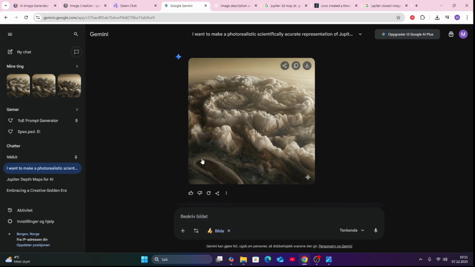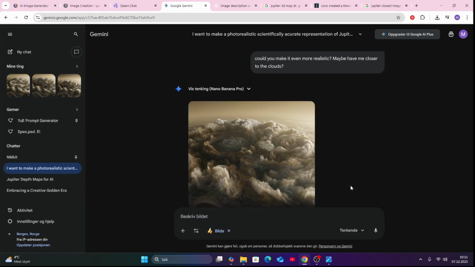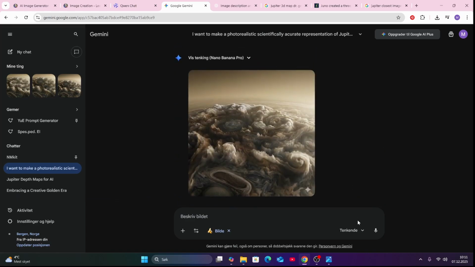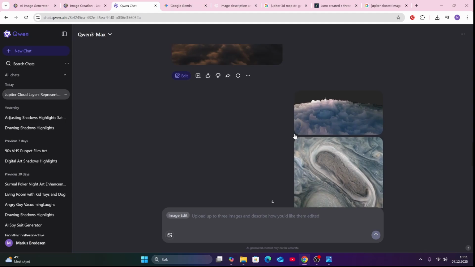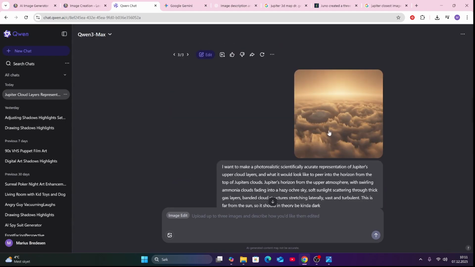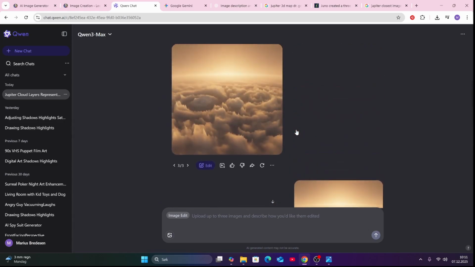And this thing down here doesn't really belong, right? So you see that it kind of forces things on top of each other. It tries to make it work with the limited information it has, while Qwen actually created images that look like Jupiter. That's the difference. This looks like a gas giant, to me at least.